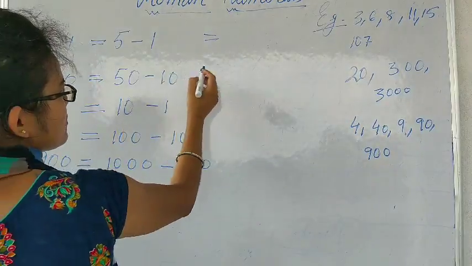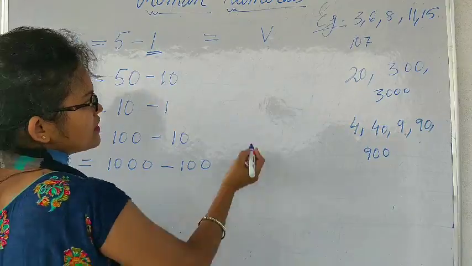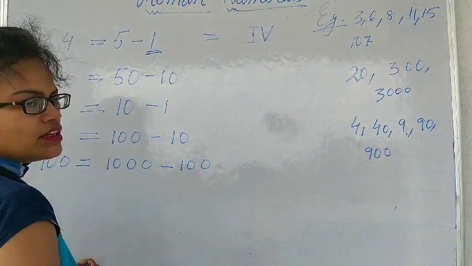So what is the symbol of 5? It is V. And symbol of 1 is I. We'll write it on the left hand side of the greater number.